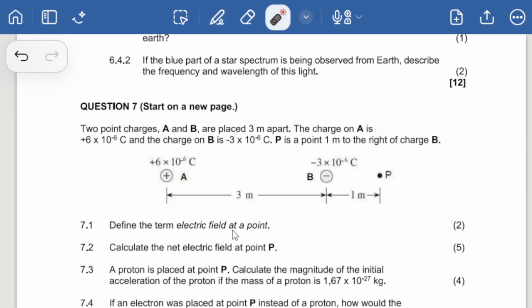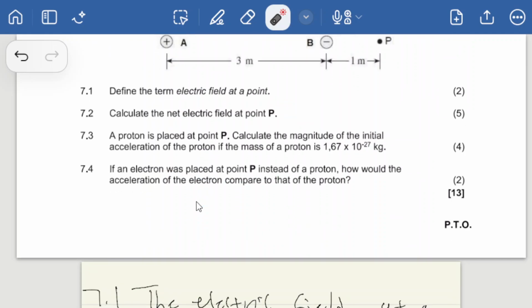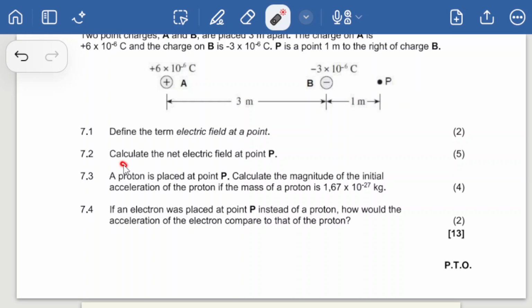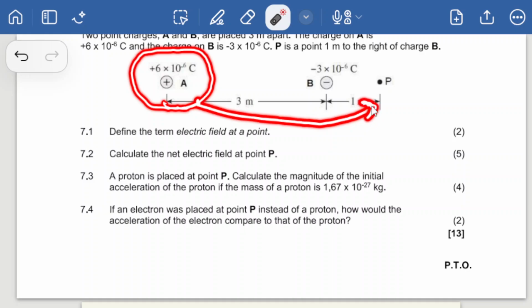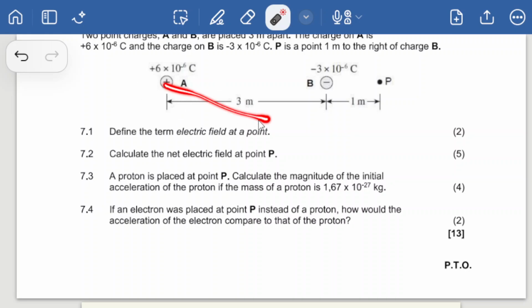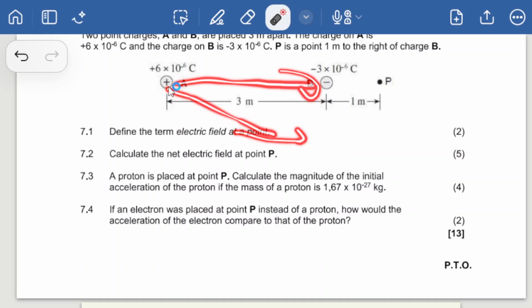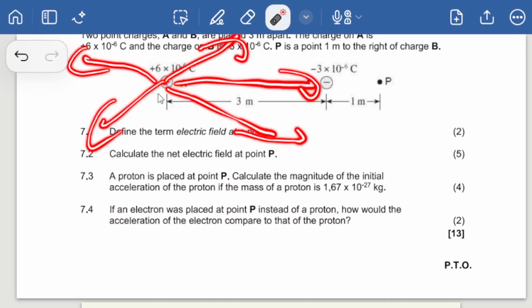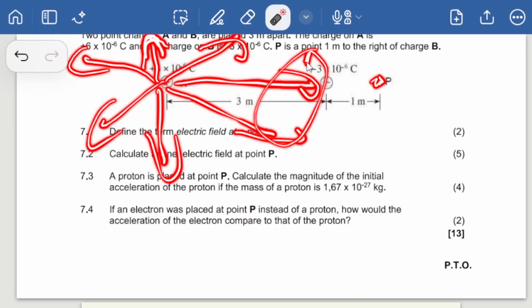What's happening here is that question 7.2 is saying that we must calculate the net electric field, not electrostatic, at point P. So what is the net electric field at point P? It is the electric field applied by charge A on P. As A is a positive charge, it sends out electric fields, like waves, and point P experiences these waves.